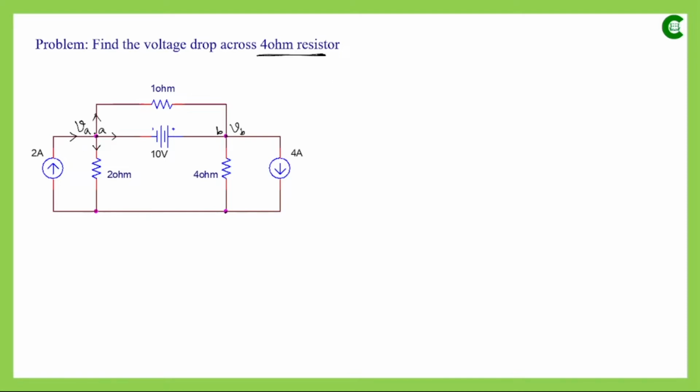So the incoming current is 2 here, so 2 will be equal to, suppose for this branch the current is I1, and for this branch the current is I2. So 2, which is the incoming current, will be equal to the summation of all the outgoing currents.